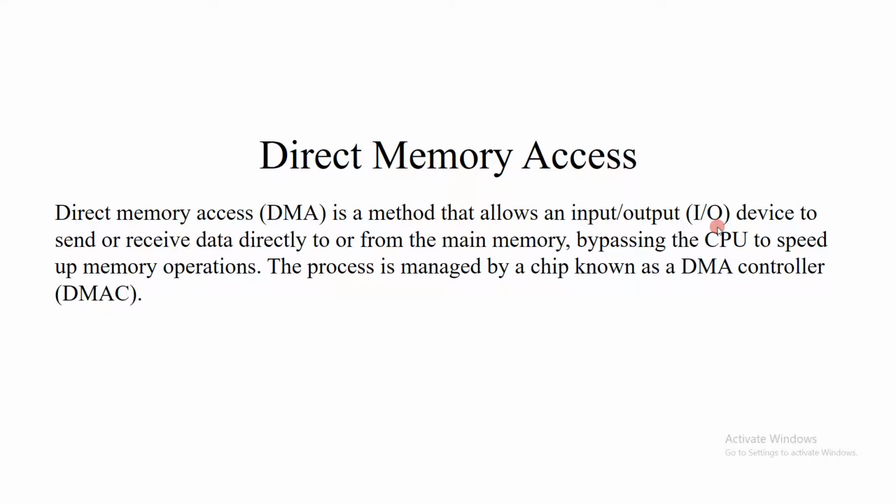It's not difficult, but it will be time consuming. So the direct memory access method bypasses the CPU to speed up the memory operations, and in the meantime the CPU can do other operations while the data is being copied to the main memory. This process is managed by a chip known as the DMA controller, the direct memory access controller.